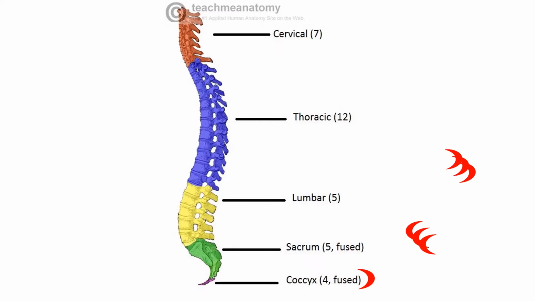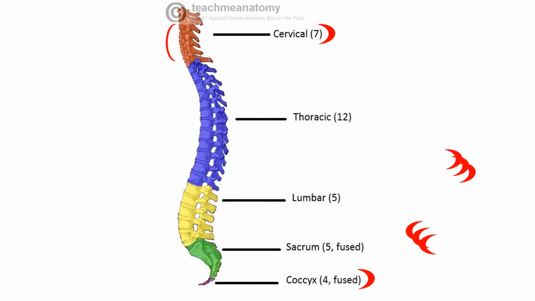Now, let's look at the different regions of the vertebral column. The cervical region present in the neck is made of 7 cervical vertebrae, and it is convex anteriorly.